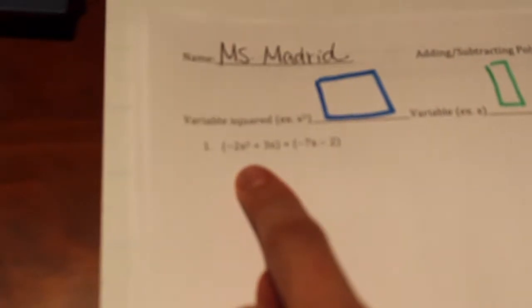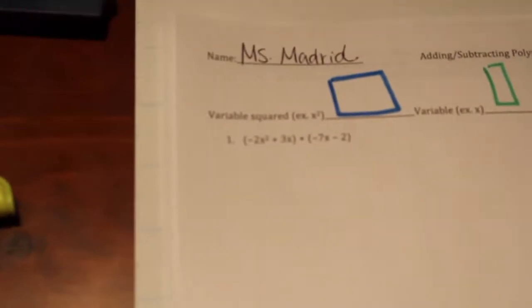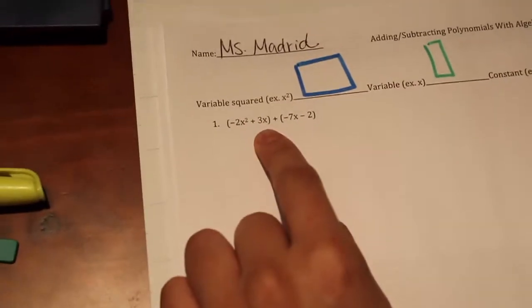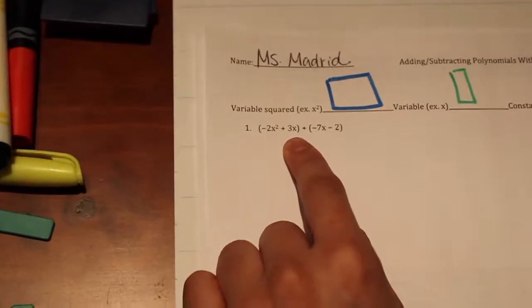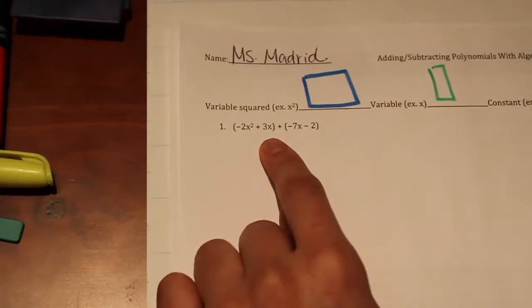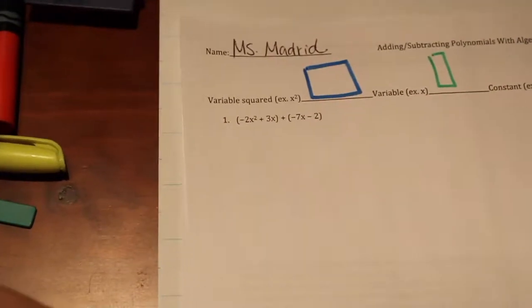But because it is negative, we need to flip them to the red side. Then it says plus 3x, which tells us we need 3 of the x tiles.